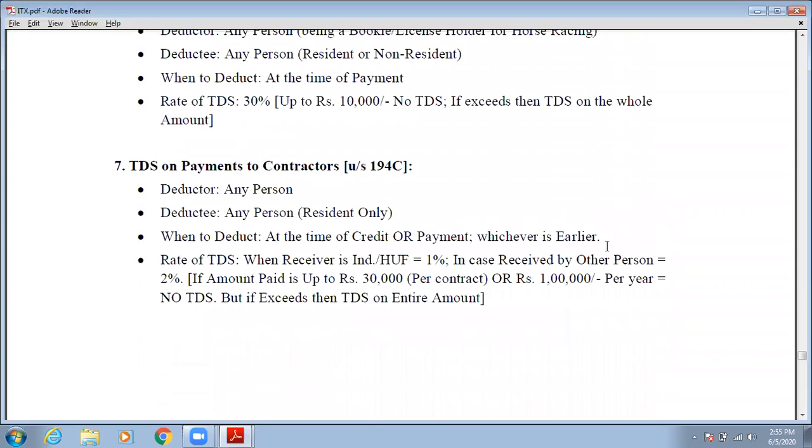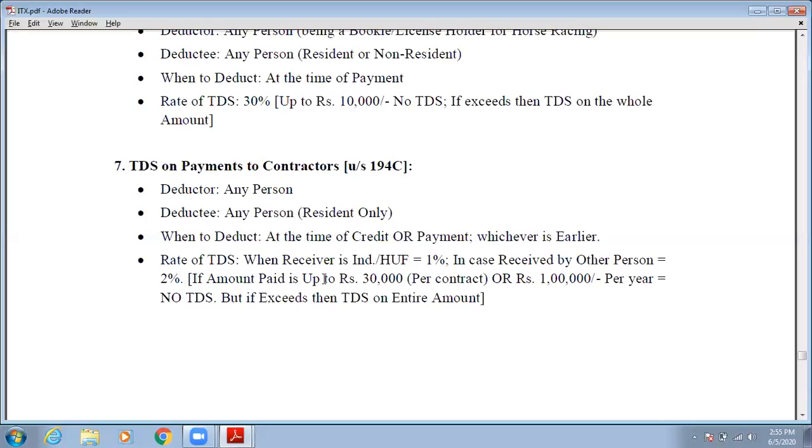The rate of TDS will be 1% when the receiver is an individual or HUF. In the case of receipt by any person other than an individual or HUF, the TDS rate will be 2%.